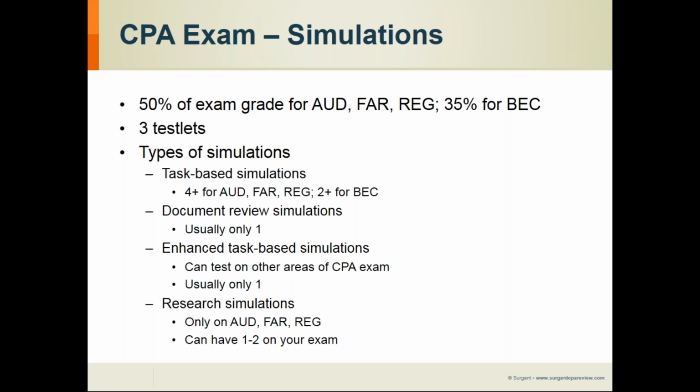And there's usually only one of these. And now that the new exam has been launched, there is a potential to see the document review simulation on BEC as well. So prior to the new exam, it was typical to see the document review simulation on audit, FAR, and reg, but now you may also see it on BEC.